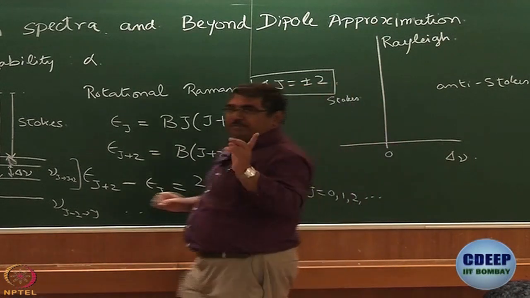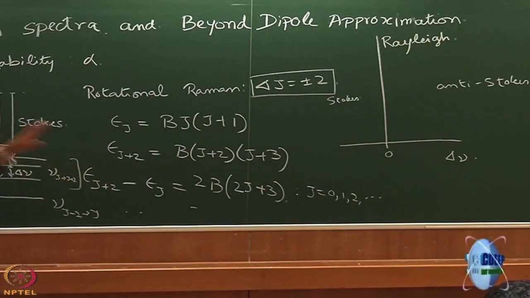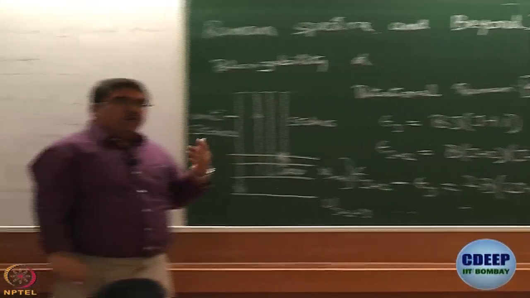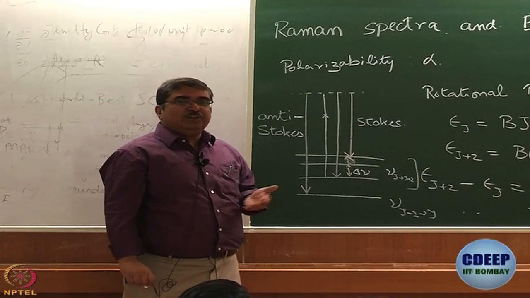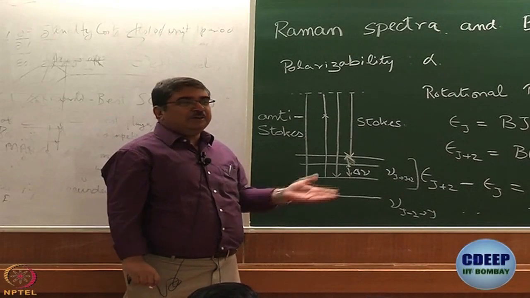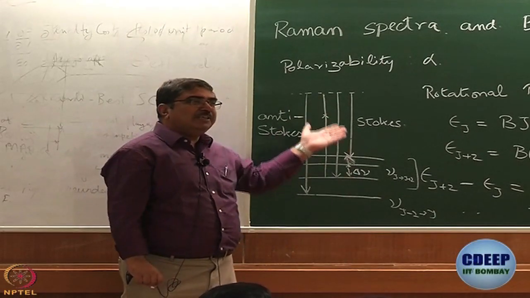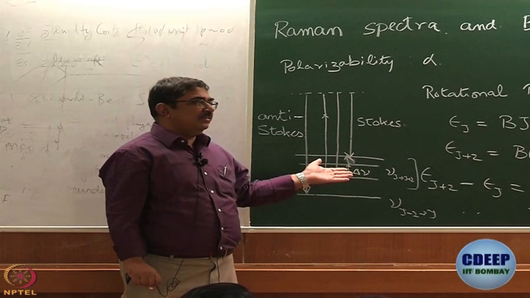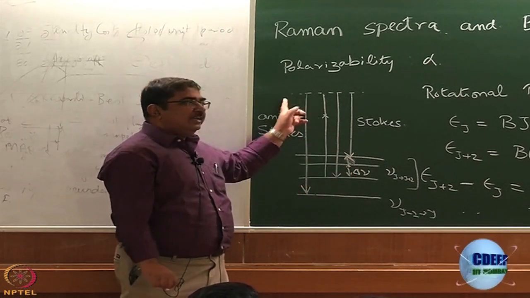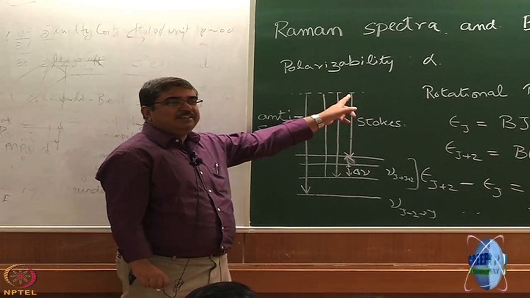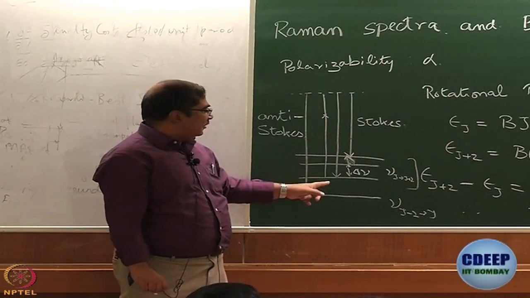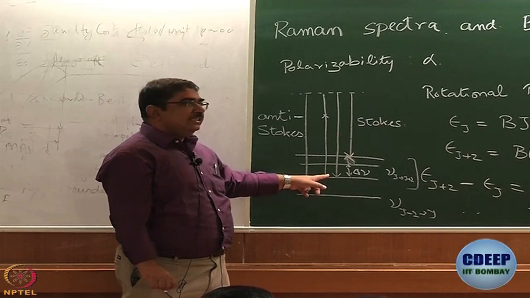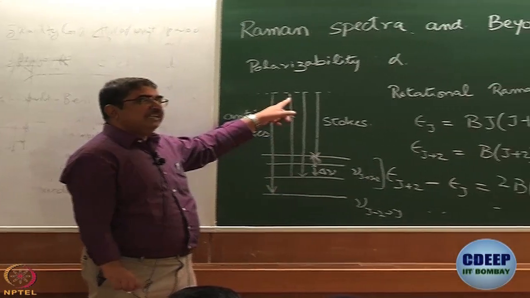Now, here let me make another point. We are plotting delta nu, right? Do we agree that it does not matter what kind of excitation frequency I use? Delta nu will be the same. See, in this diagram I have drawn, we have promoted the molecule from this stationary state to this virtual state that is there.